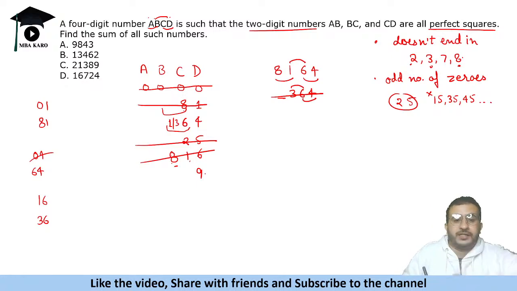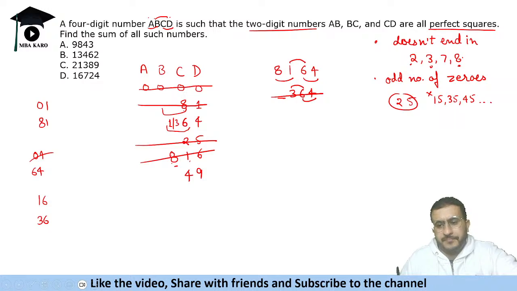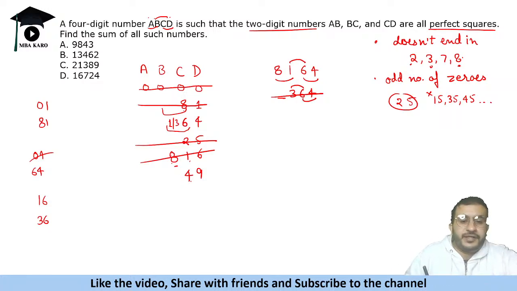Okay. Now last digit 9, we can have 09 as a square, but 09 is not possible because it will end up making 000 here. So what should we take? We should take 49 as a square. Okay, so 49 is a square. Now 49 means the last digit should be 4 in this square.